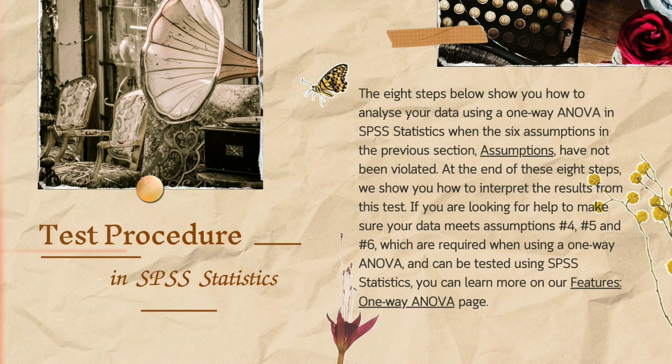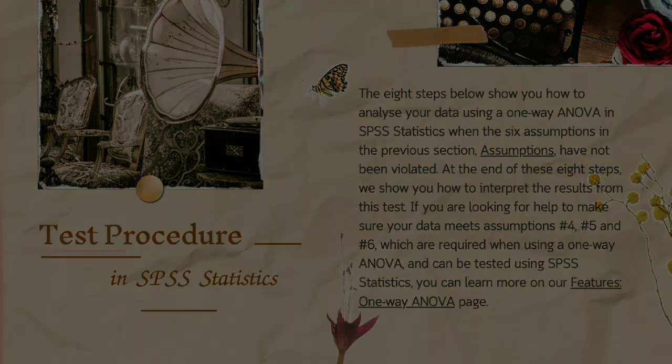At the end, in the third step, we show you how to interpret the results from this test. If you are looking for help to make sure your data meets the assumptions which are required when using a one-way ANOVA and can be tested using SPSS Statistics, you can learn more in our structured one-way ANOVA guide.